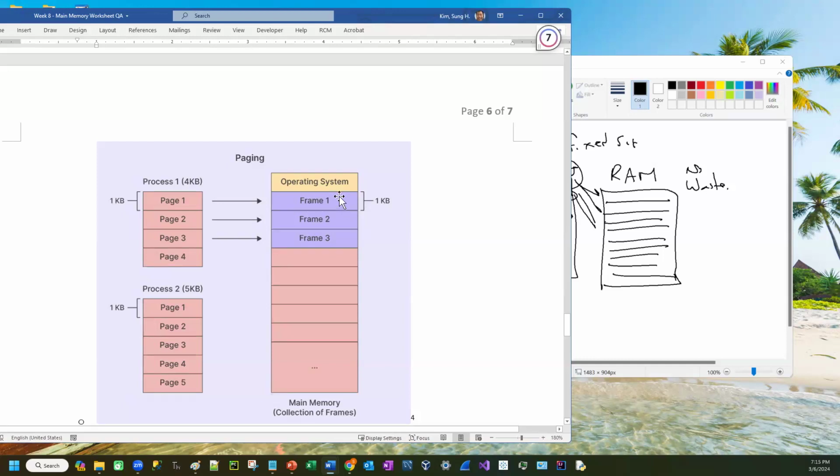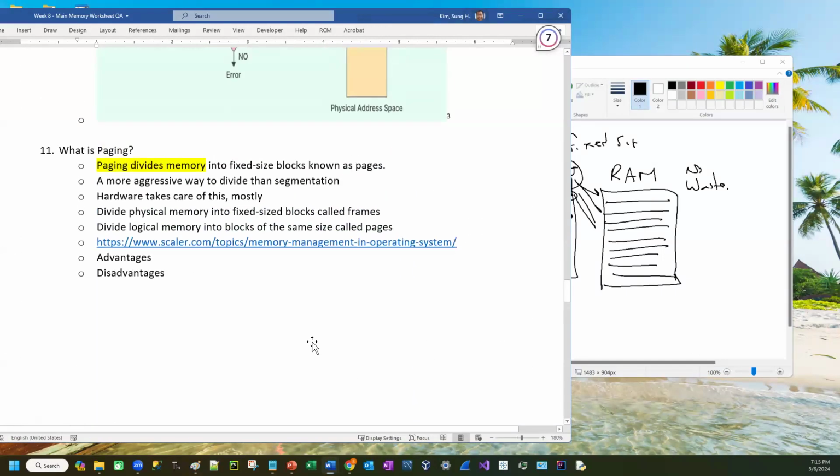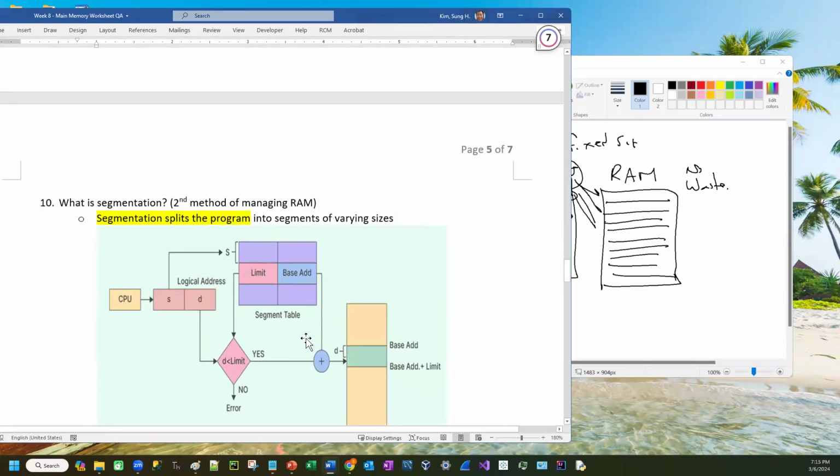The actual portion of the RAM that we use in paging is called a frame. The page refers to these portions of the processes that we keep track of, and there are many pages, and many more frames in the RAM. Anyway, that's the basic idea of the three major strategies for managing the RAM.